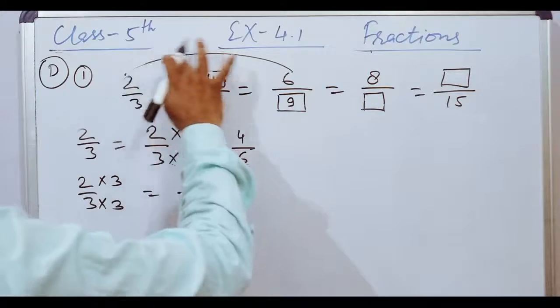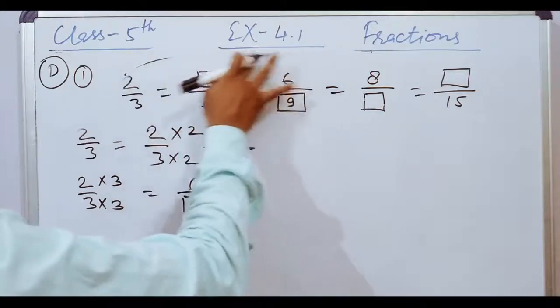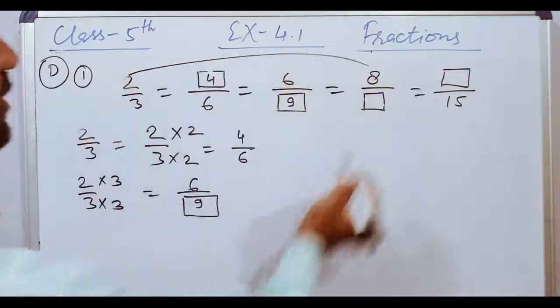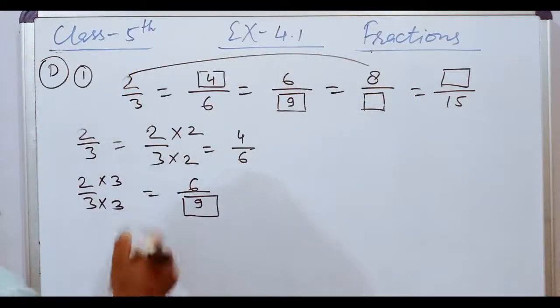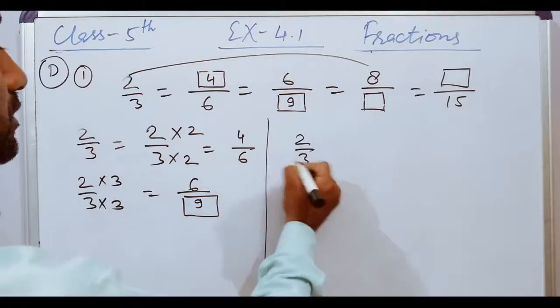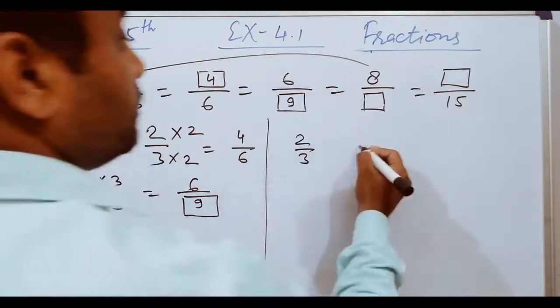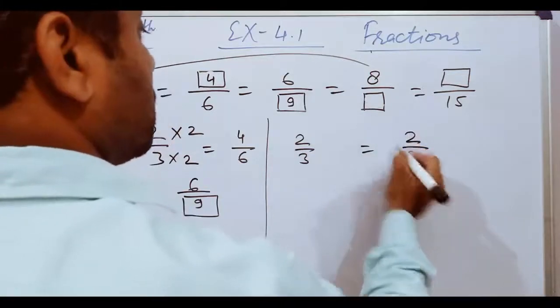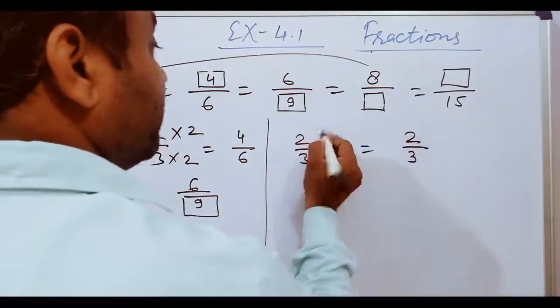Then first and fourth. Now 2 upon 3. Then we have to make the numerator 8.